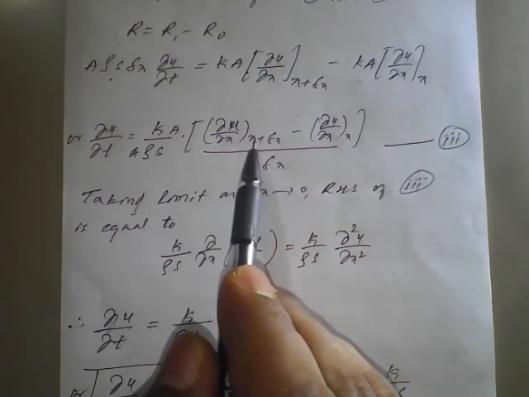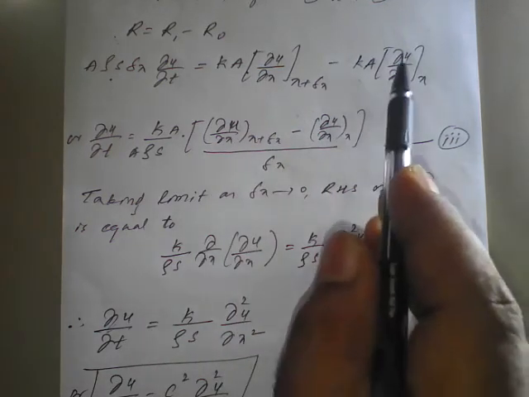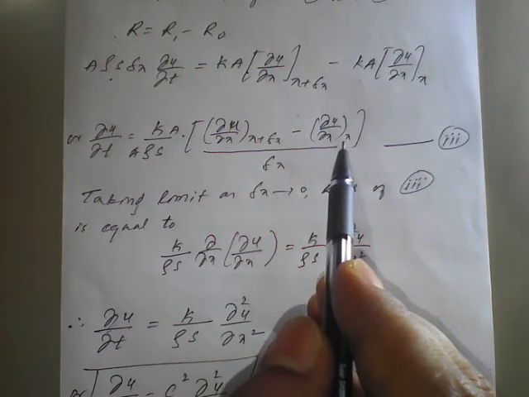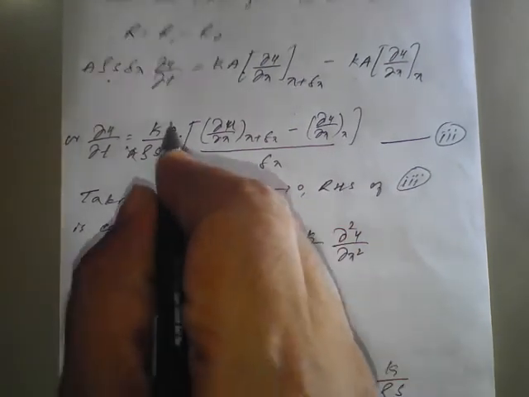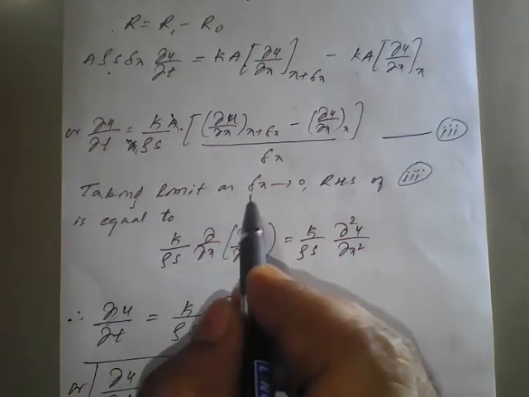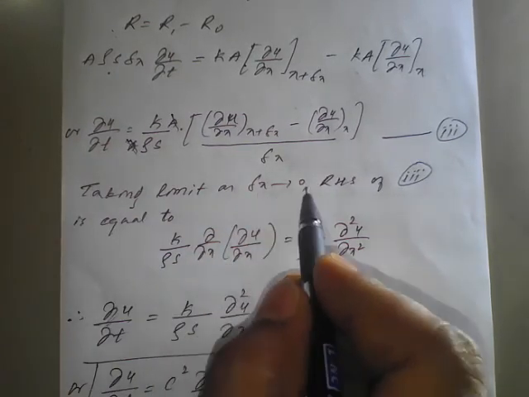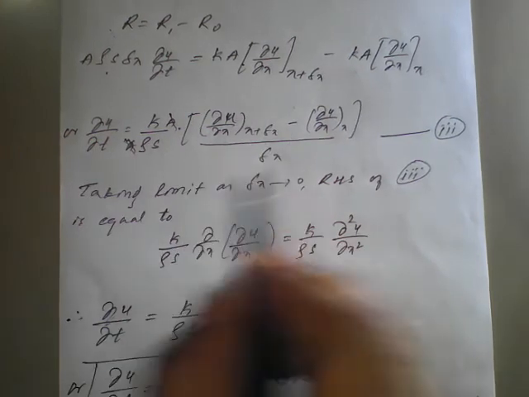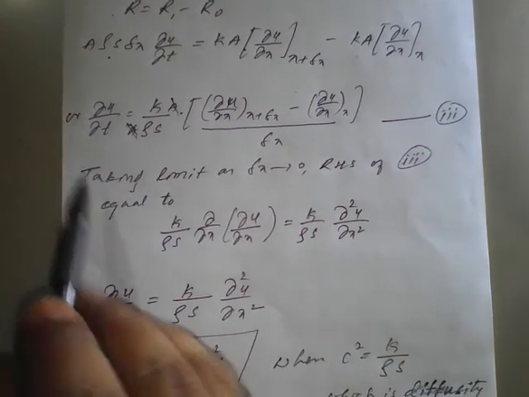Inside is dou U by dou x at x plus delta x minus dou U by dou x at x. The A and A cancel. Then take the limit as delta x tends to 0 on the right hand side only, so the left hand side remains as it is.